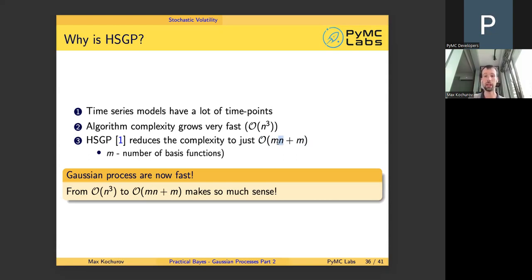So it's m times n, where n is your time series length and m is the number of basis functions. It's the number of those function space basis functions that approximate the whole domain. So when we move from cubic complexity to almost linear complexity, there is a big difference. And we can even sample on CPUs for the whole time series. Sounds very fun.